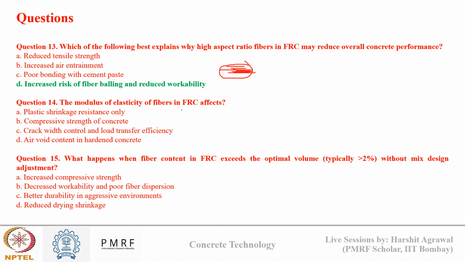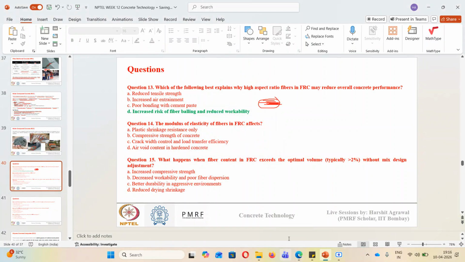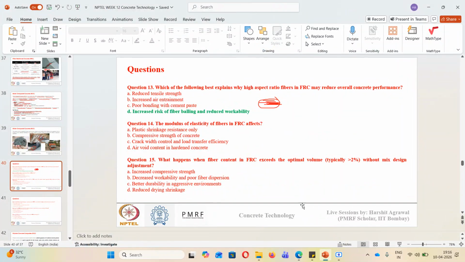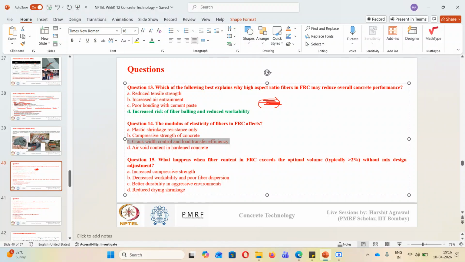Question number 14. The modulus of elasticity of fibers in a FRC affects what? Yes, the correct answer is C. So when we talk about elasticity modulus of fiber, a higher elasticity modulus means that the fiber can resist more deformation.